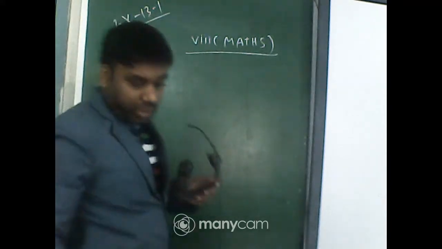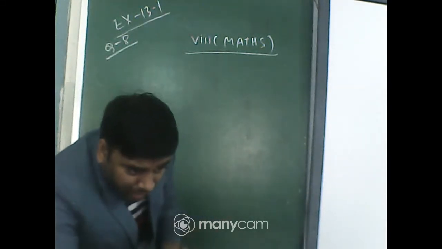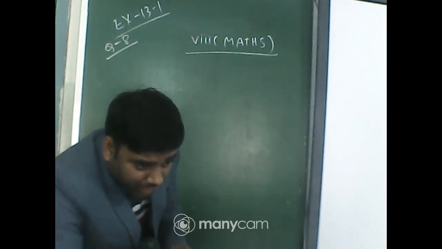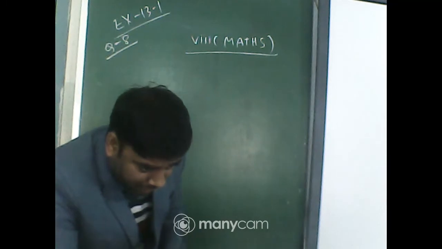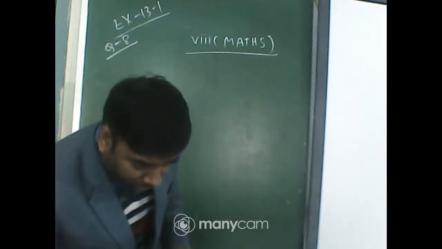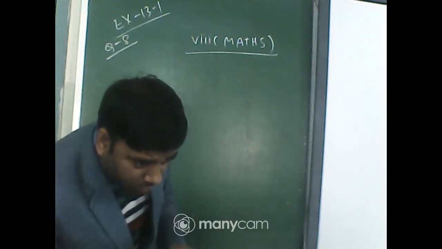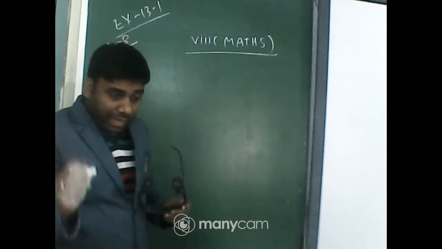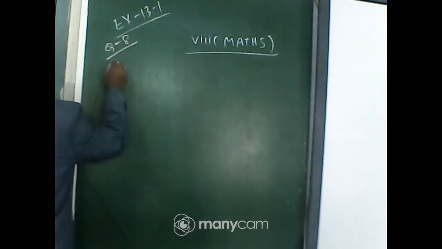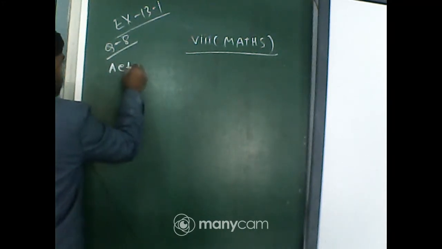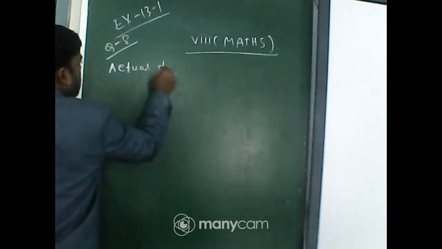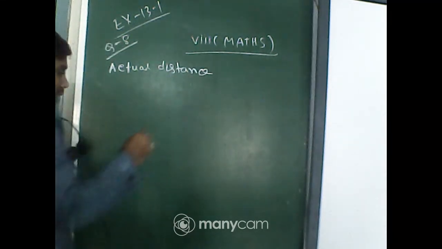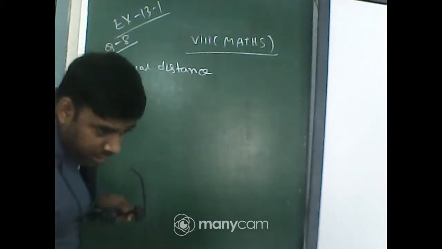Question number 8. Resmi has a road map with a scale of 1 centimeter representing 18 kilometers. She drives on a road 72 kilometers. What would her distance covered in the map be? First, I am making a table: actual distance and distance covered in map.